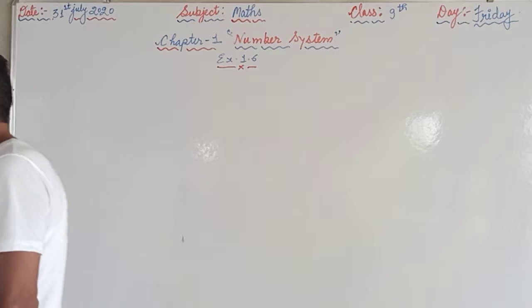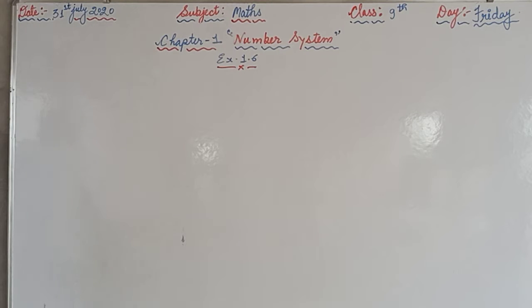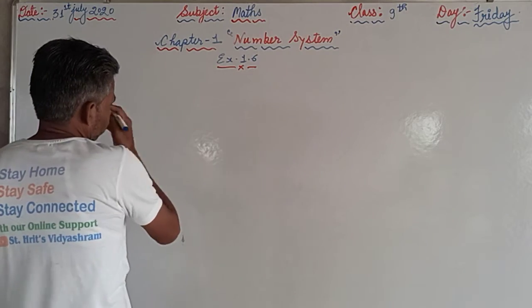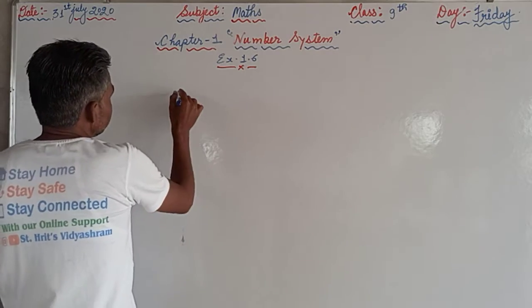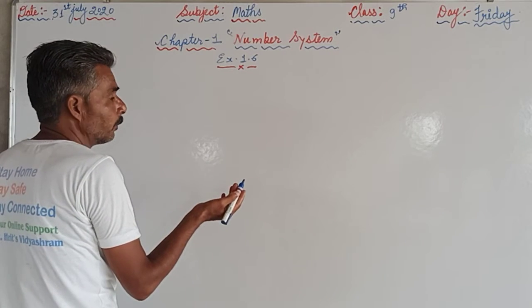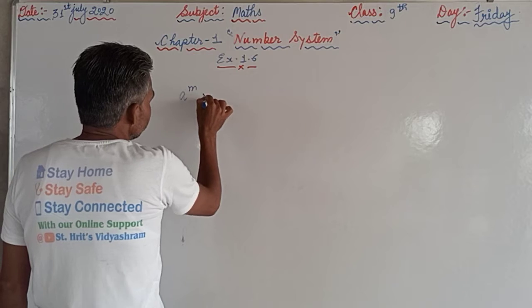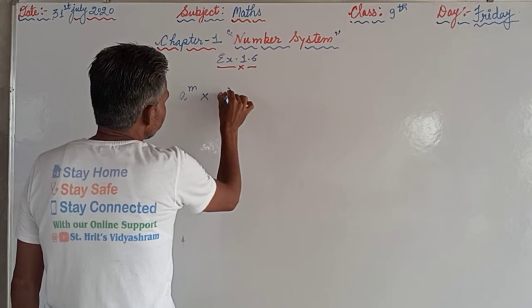This exercise is based on exponents, and some rules are there for the exponent. Suppose the numbers are given in the form of a raised to power m into a raised to power n.